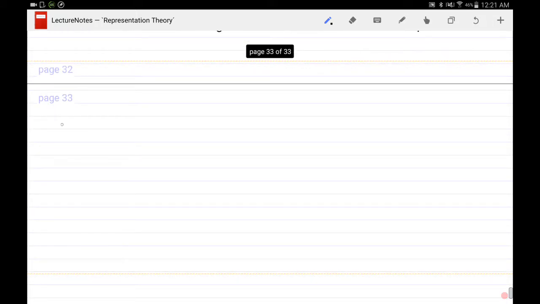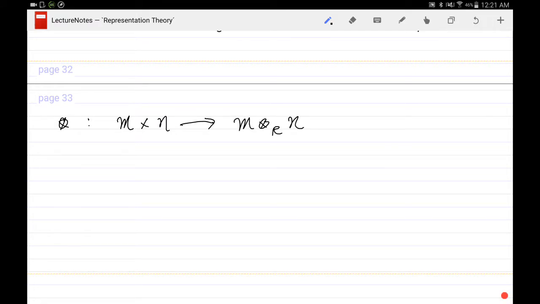So the tensor symbol goes from M times N and takes us to this space. In some very general sense, it's the best kind of map we can have, and this has to do with the universal property of tensor products, which I will not go into.